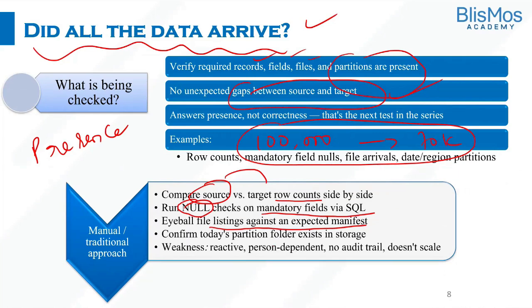We confirm whether the partition folder exists in the storage or not. The problem with this is it is reactive, person dependent, there is no audit trail, and it is difficult to scale.